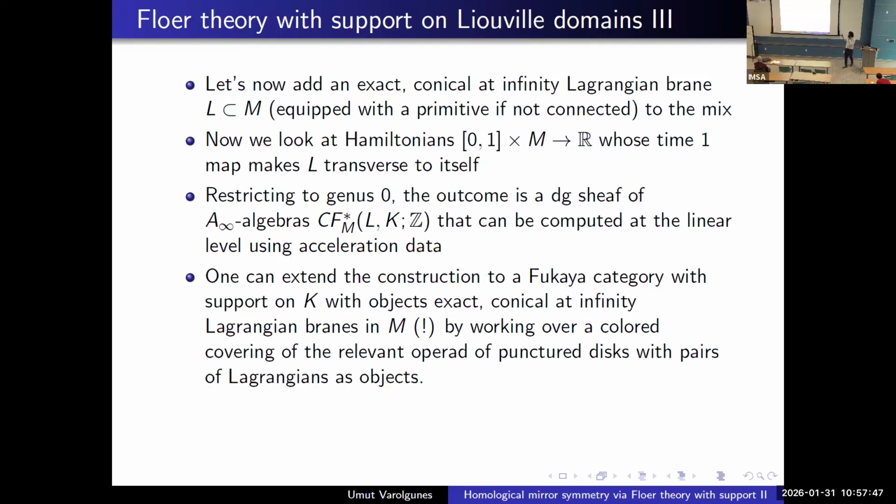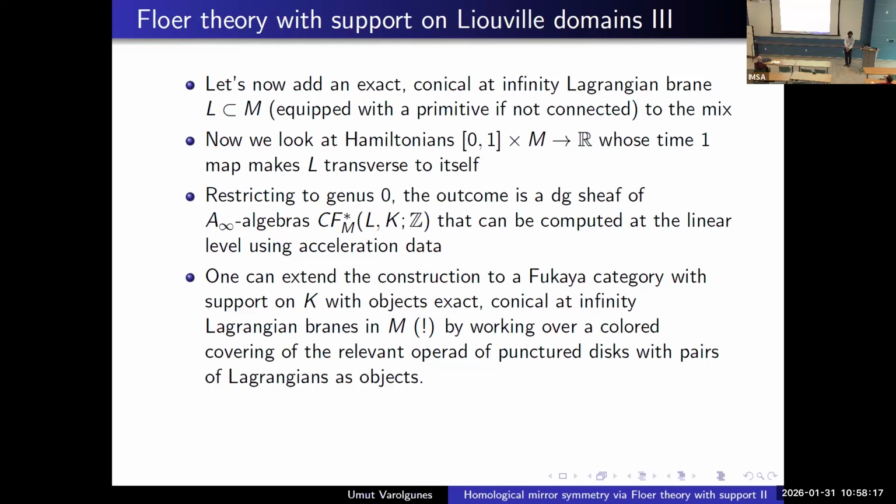But now what changes is that the operad in the base, this O, is also going to have colors. The O previously was just keeping track of the Riemann surface data. Now it's going to be a cover of that, where each object of this O in the base is now a pair. It's not just one object.